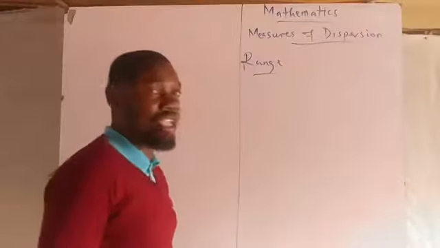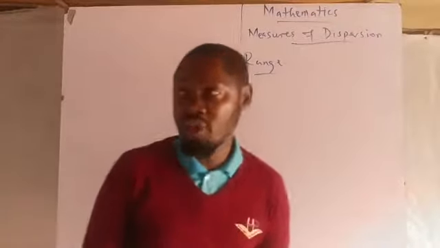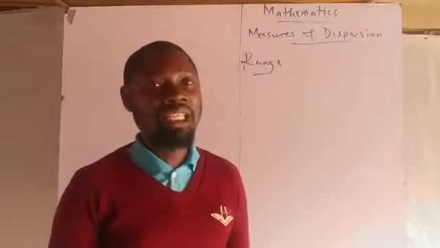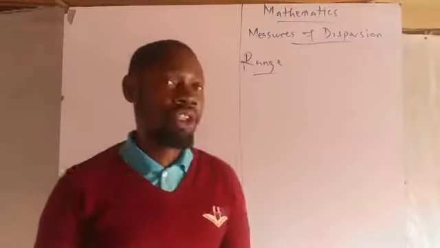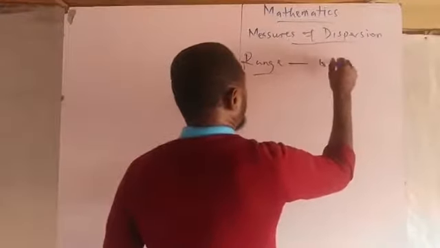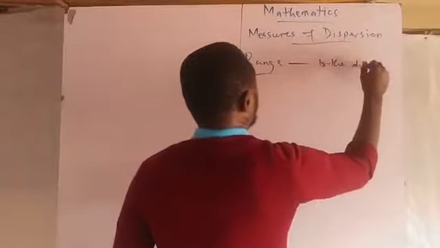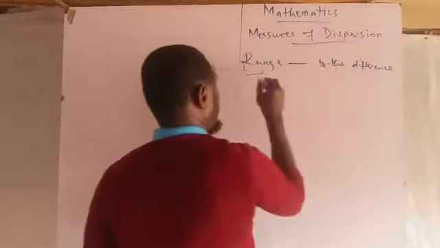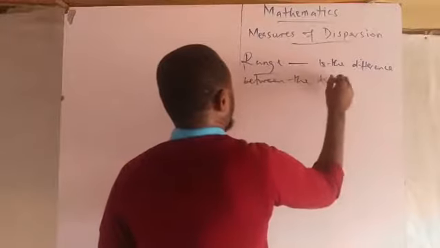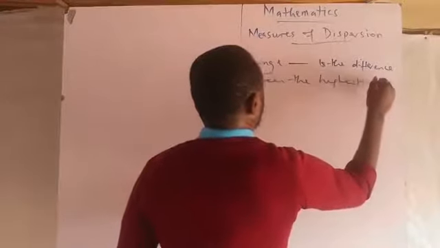If you take out the lowest value from the highest value, what you have is called the range. It's a difference between the highest and lowest values.